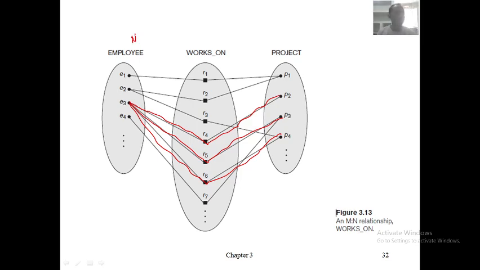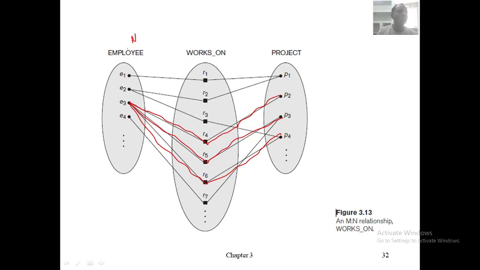Okay, n can be 1, 2, 3, anything. Here in this example, the cardinality ratio is 1 for employee 1. For employee 2, it is 1, 2. For this employee, it is 3. Or again, employee 4, it is 1.